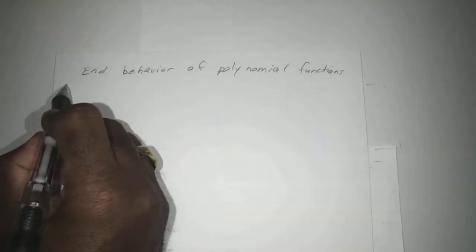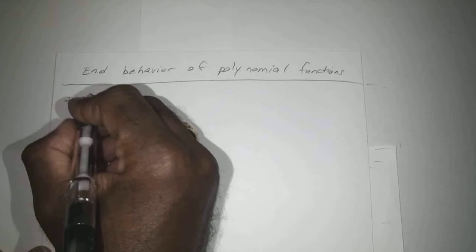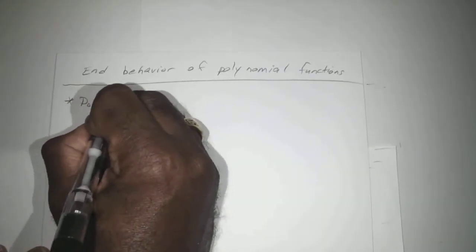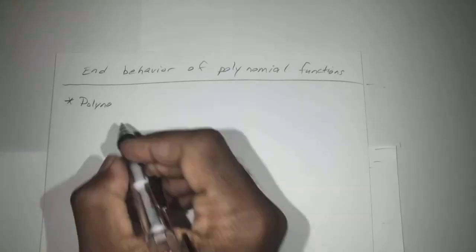Now, just for a quick identification, polynomials of degree 2 or higher will not have any sharp turns or any kind of discontinued points. They'll be continuous and they'll actually have curves throughout them.